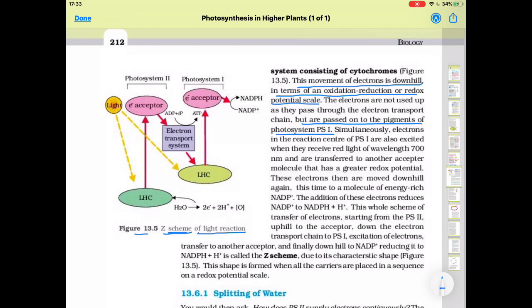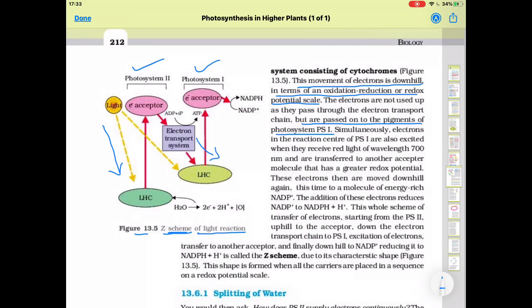As you know, in the light reaction, first photosystem 2 works and then photosystem 1 works. Photosystem 2 absorbs light of wavelength 680 nanometers and photosystem 1 absorbs light of 700 nanometers.